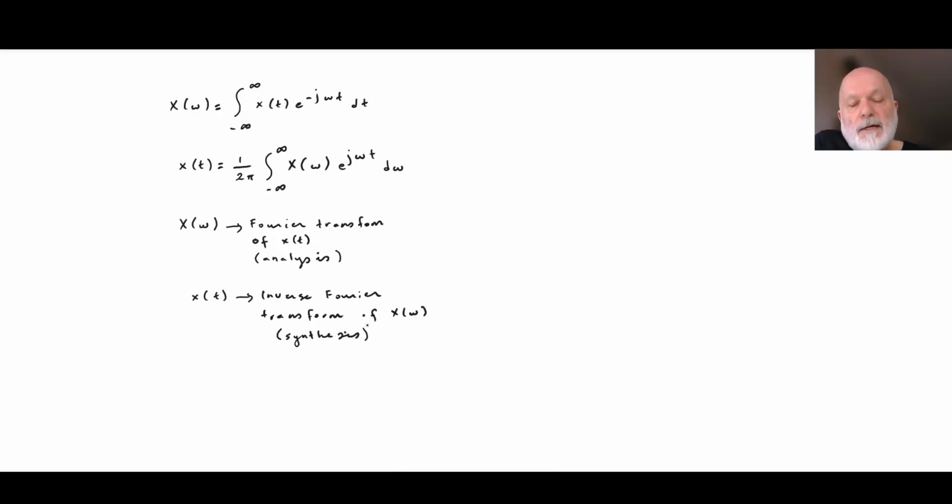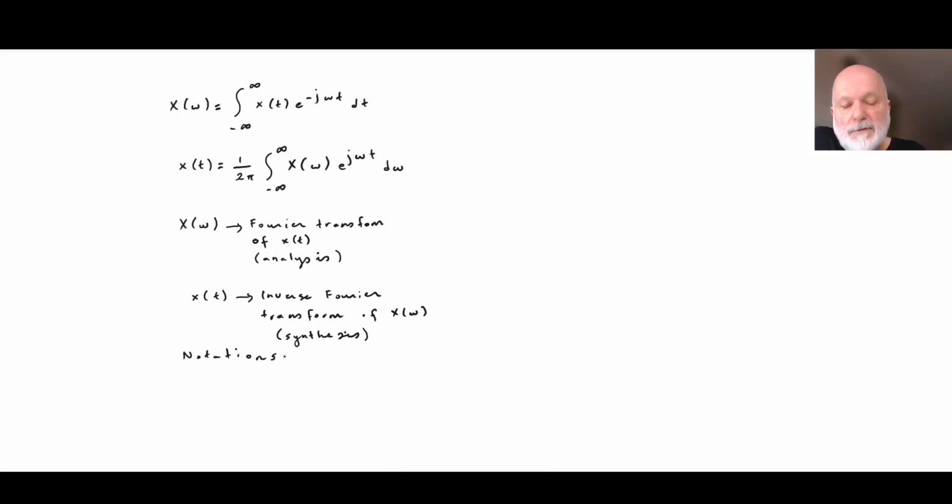Because X of omega is a measure of how much e to j omega t is contained in x of t, we superpose all these components to obtain x of t back from the frequency components. Now also we have the following notations found in several books in the literature.